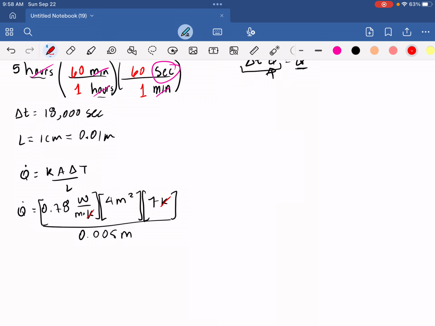Let's cancel out units. Kelvins cancel out. I have 2 meters here. If you want to see it, that's meter times meter, which is meter squared. So one of these cancels out with this one, and the other cancels out with that one.